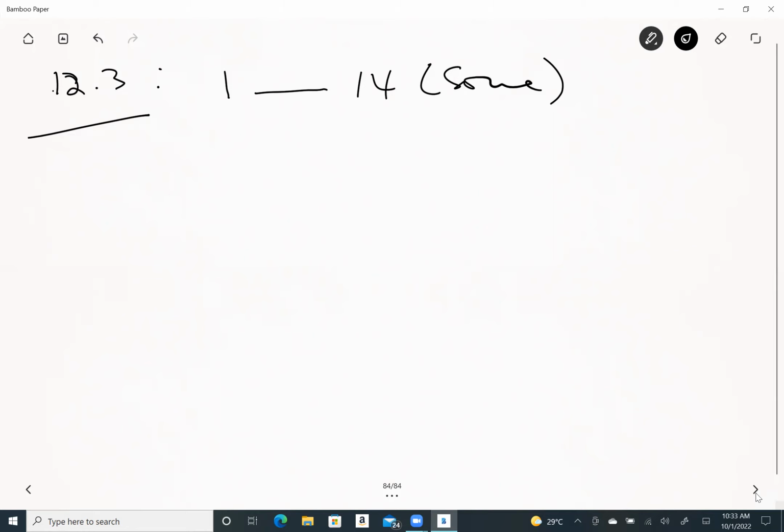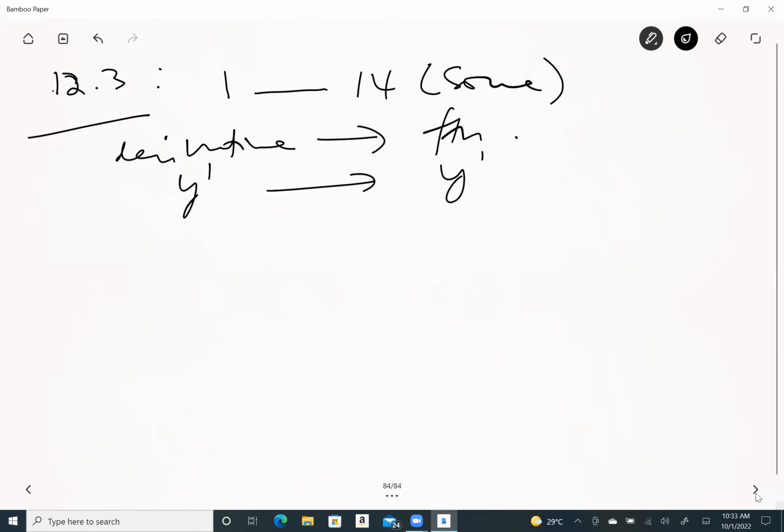That is the application. Now you know the derivative, and I want to find the function. In other words, I know y prime and I want to find y.